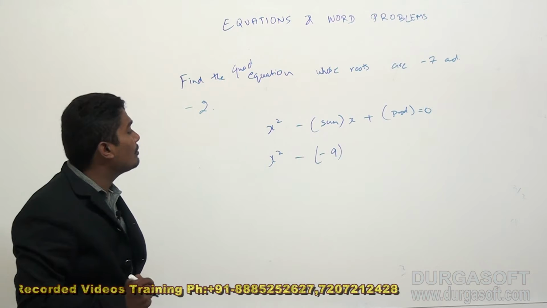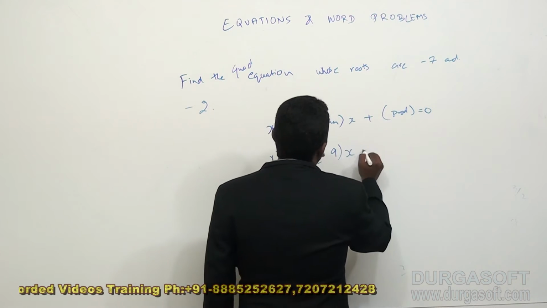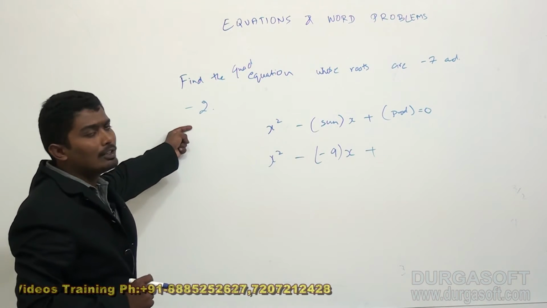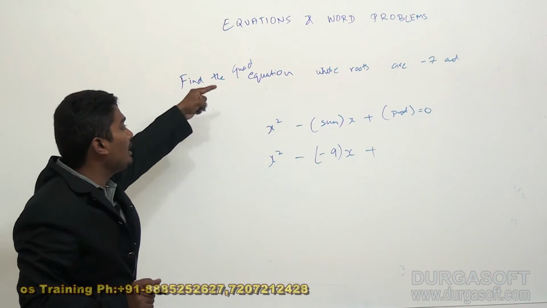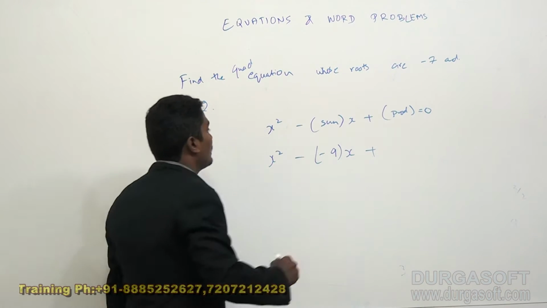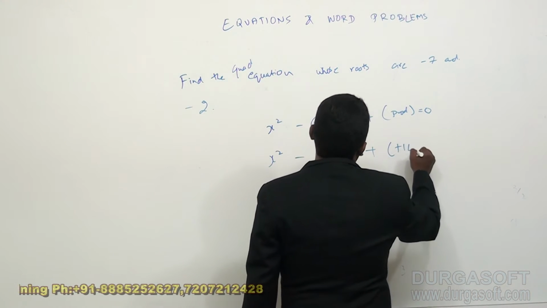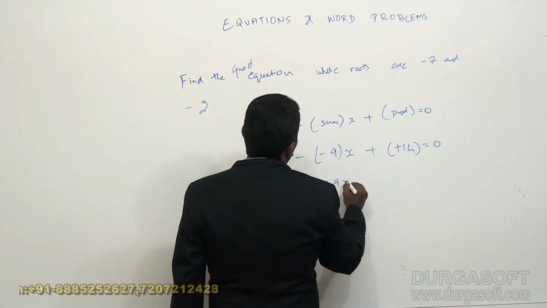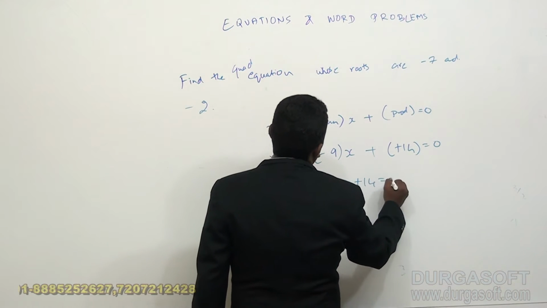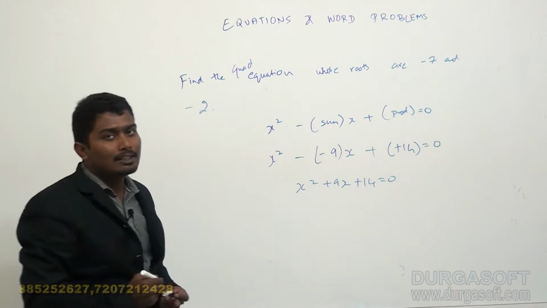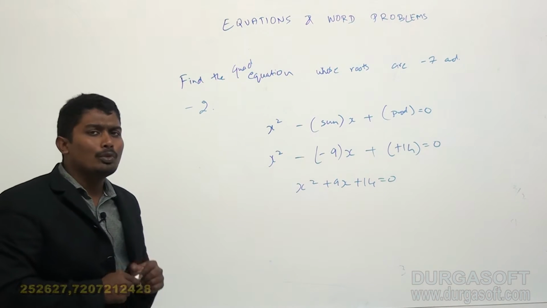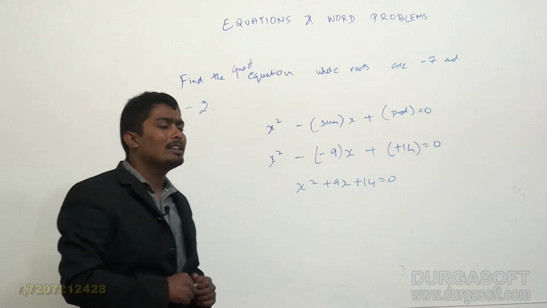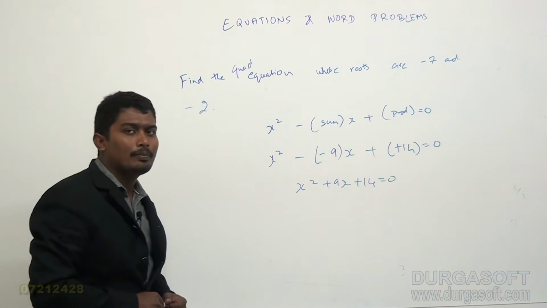So x square minus of -9 into x plus the product of the roots. -7 into -2 will become 14, minus into minus becomes plus. So plus 14 equal to 0. I will get x square plus 9x plus 14 equal to 0. So this is the equation that I will be getting. Very rarely, you might get a question based on this type.